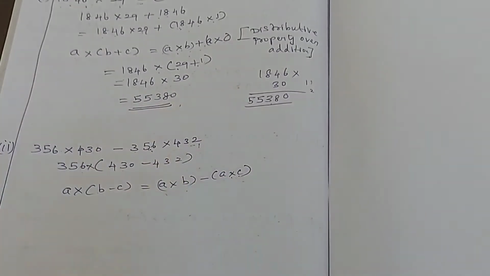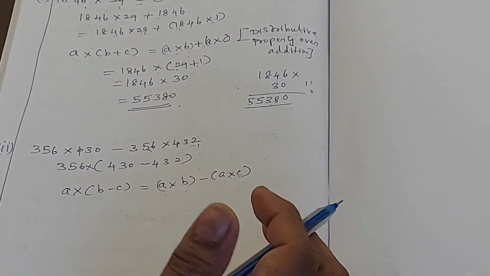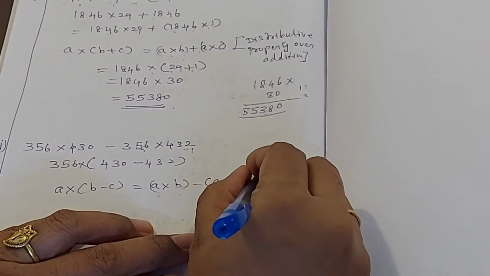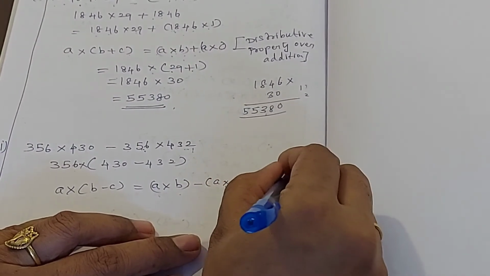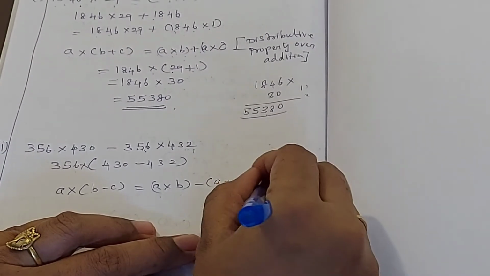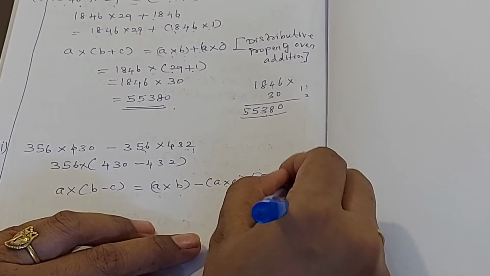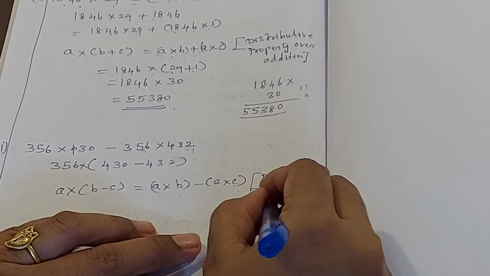Do you understand, children, how we are using this property? So here also you have to write distributive property over subtraction, right?